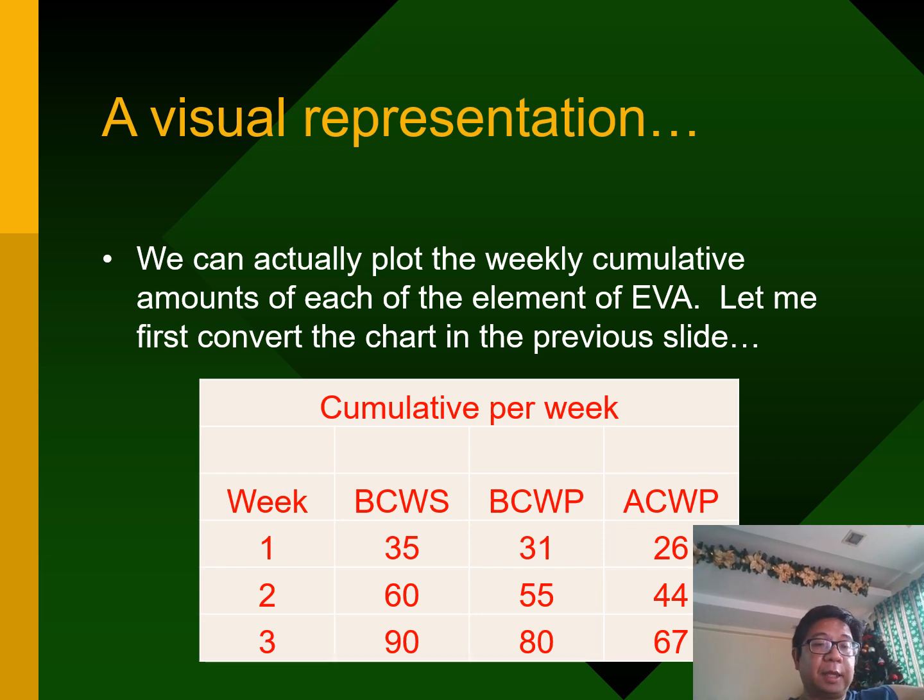For week 3, in the previous slide, the BCWS is 30. So to get the cumulative BCWS in the third week, you add the sum of the values from week 1 until week 3. So you have 35 plus 25 plus 30, which gives you 90. I did the same thing for BCWP and ACWP.